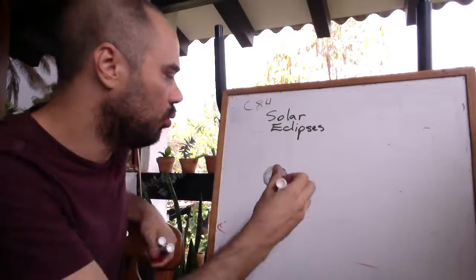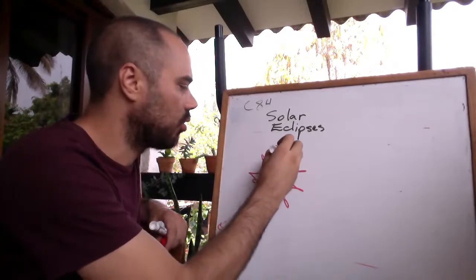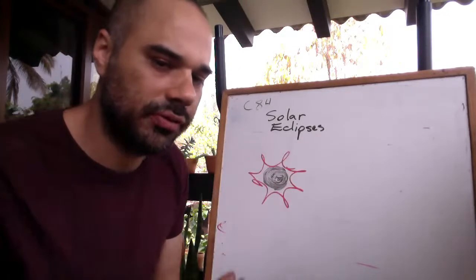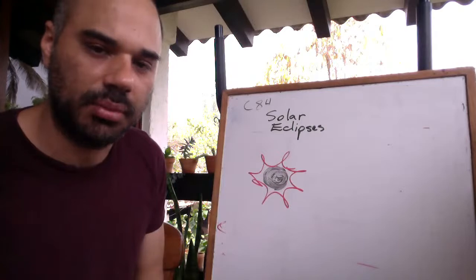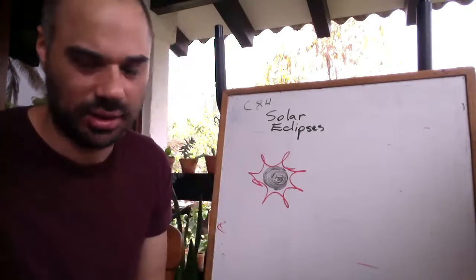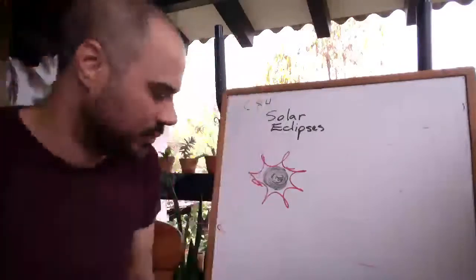And in this moment, you can see the corona of the sun, but only for a small amount of minutes, and you cannot look at it with your eyes because you can go blind. You have to look by video or with a special lens.